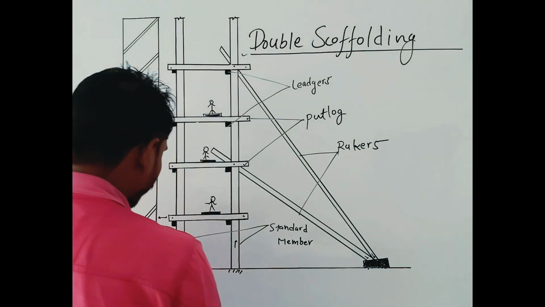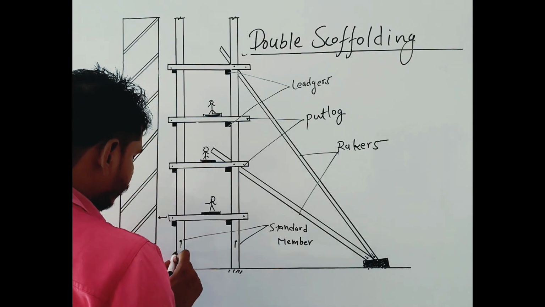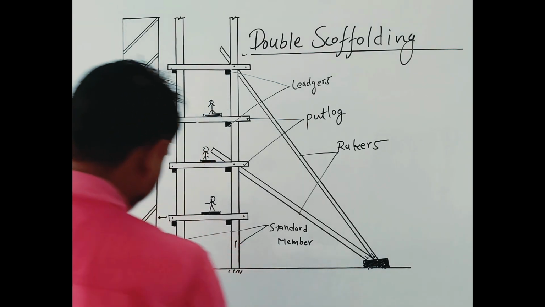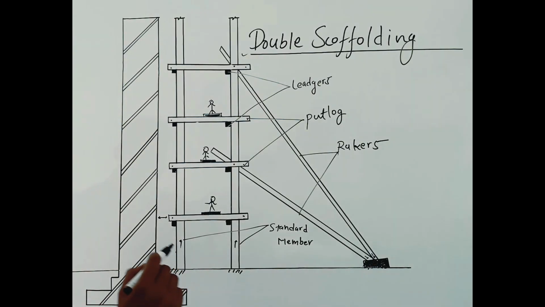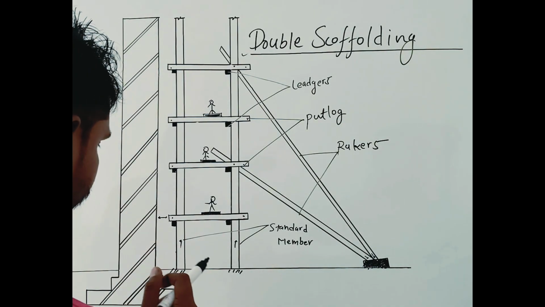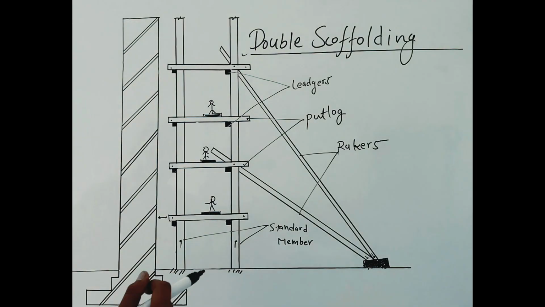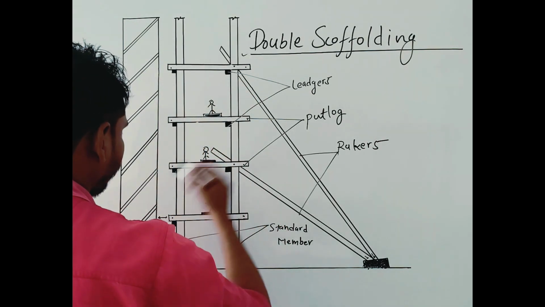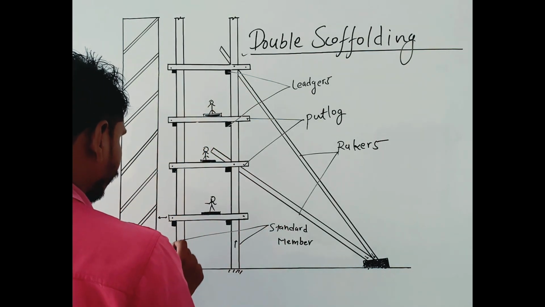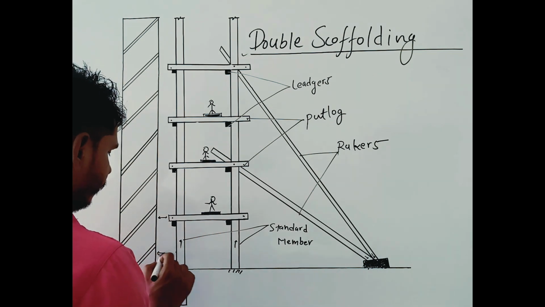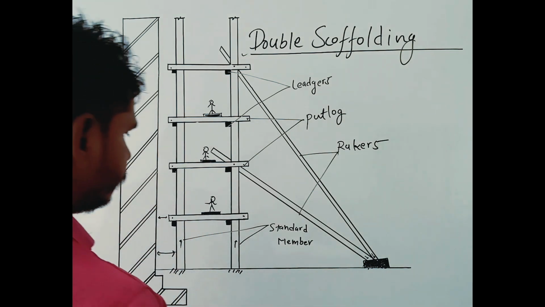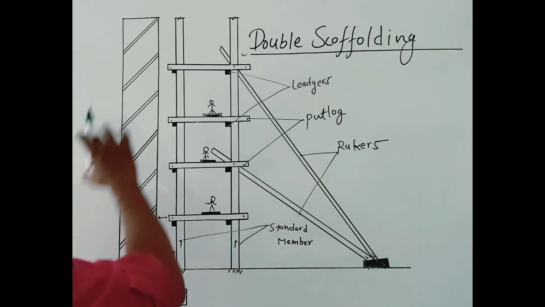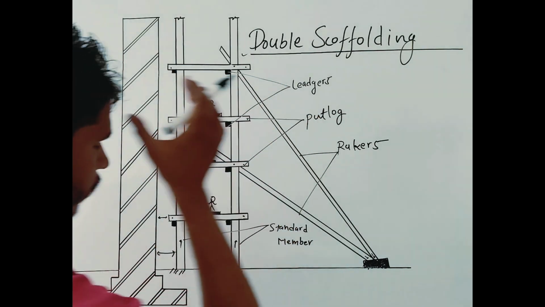The distance between the wall and the wall standard is a minimum of 300 mm, not more than that, because the construction work is not more than 300 mm. So this is our whole setup of double scaffolding.